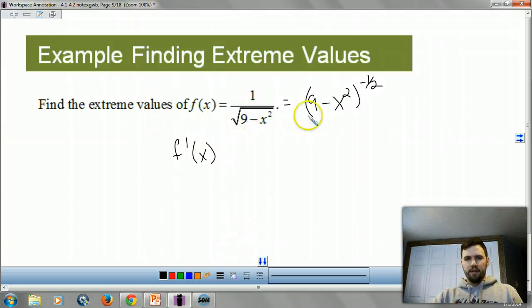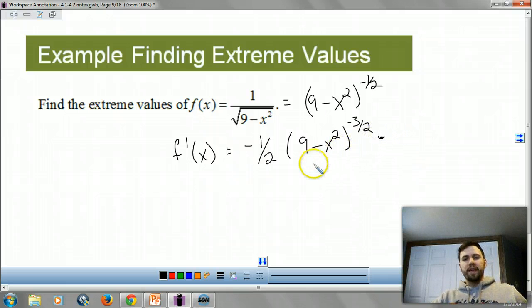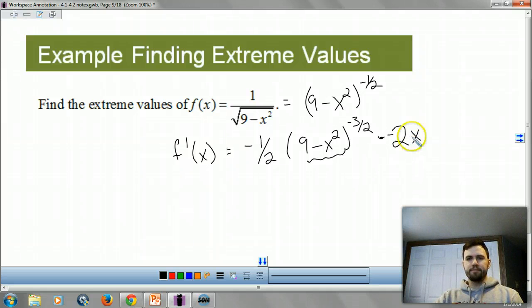Okay. So when I take my derivative, I move the -1/2 out in front. 9 minus x squared to the negative 3 halves, because negative 1 half minus 1, times the derivative of my inside, derivative of 9 is 0, times negative 2x, right? Okay.